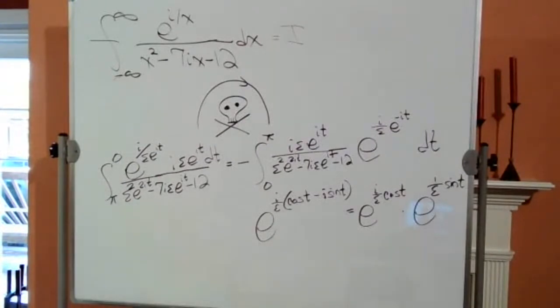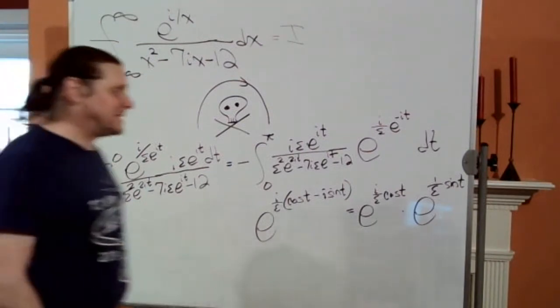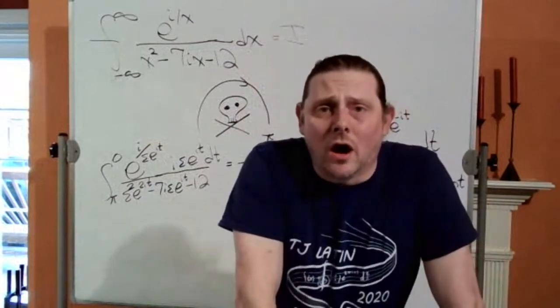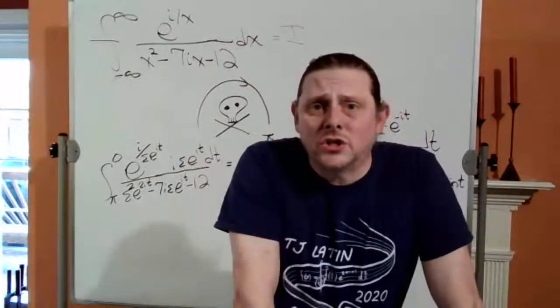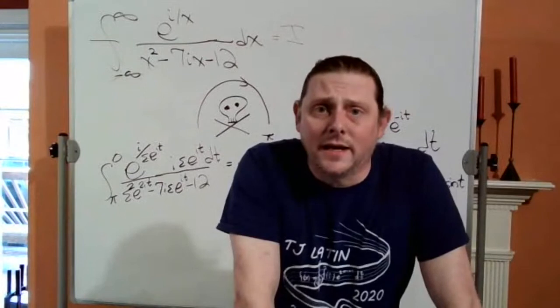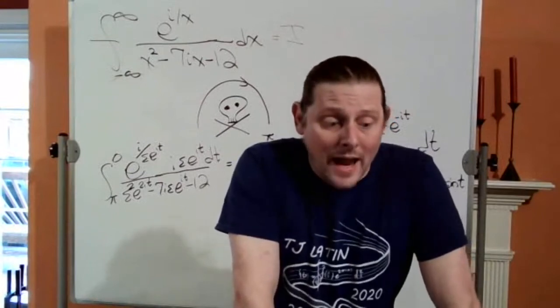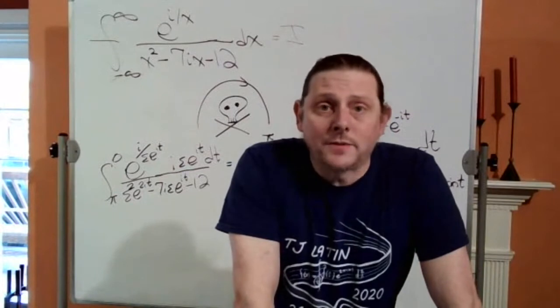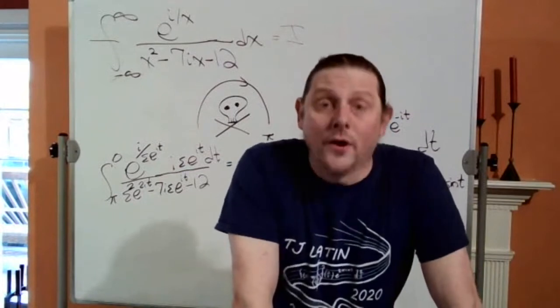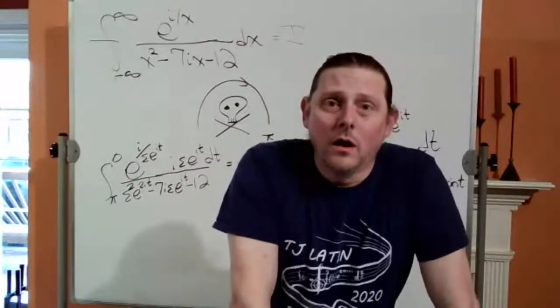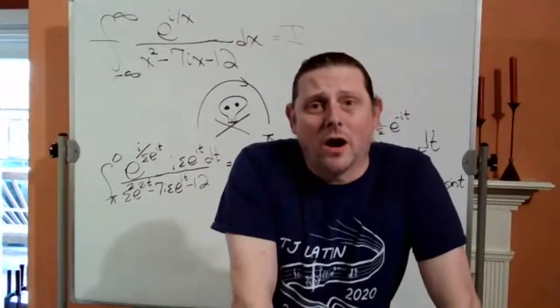As t goes from 0 to pi, the sine of t is positive. Epsilon is going to 0. So this integrand is going to go to infinity. Despite the fact that we're multiplying by epsilon, epsilon times e to the 1 over epsilon clearly does not go to 0 as epsilon goes to 0.